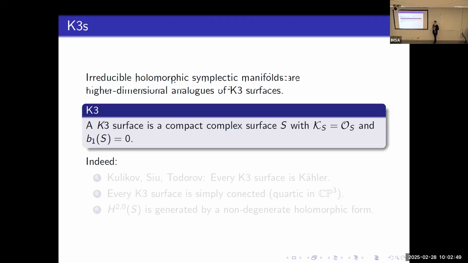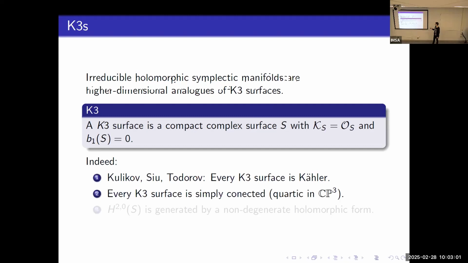In the simplest examples of hyperkaehler manifolds, you have K3 surfaces. And indeed, you can check that all of the conditions of the definition are satisfied. It's Kähler, simply connected, and you have a holomorphic non-degenerate form in H^{2,0}.